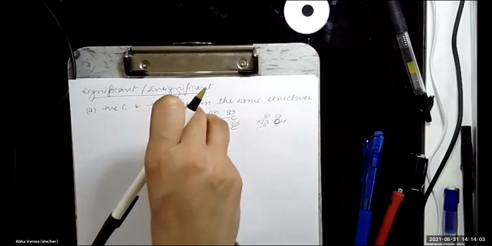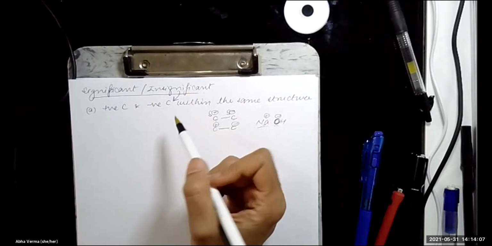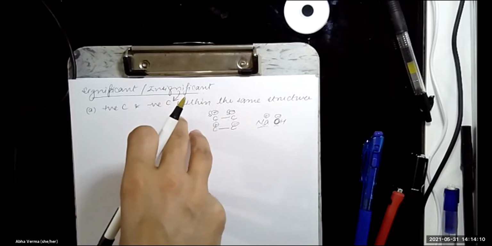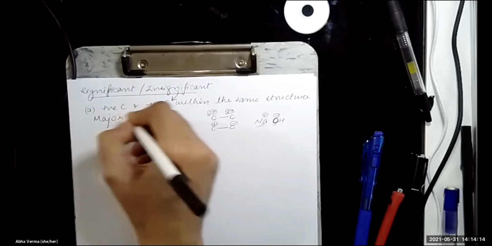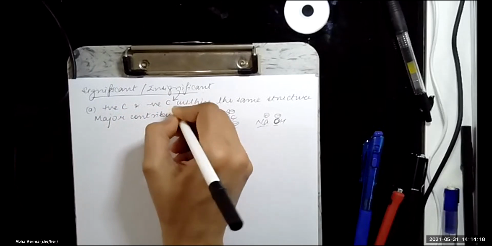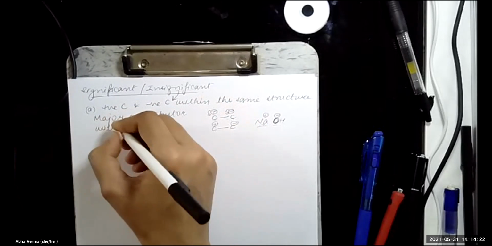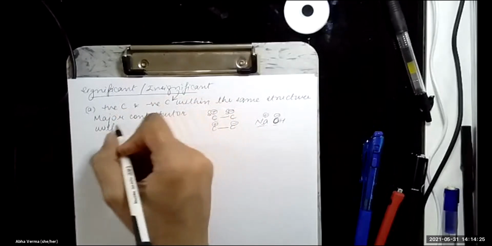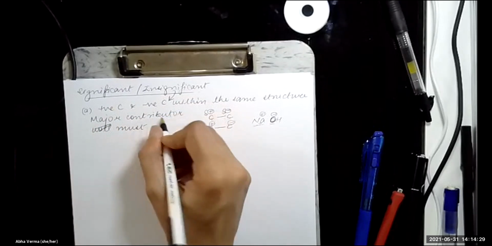So the most insignificant structures will have a positive carbon and a negative carbon within the same structure, and the major contributor will not have a complete octet. So what must the major contributor have?